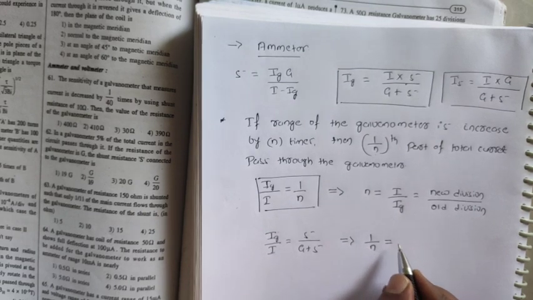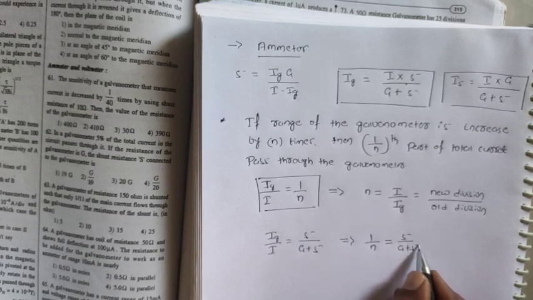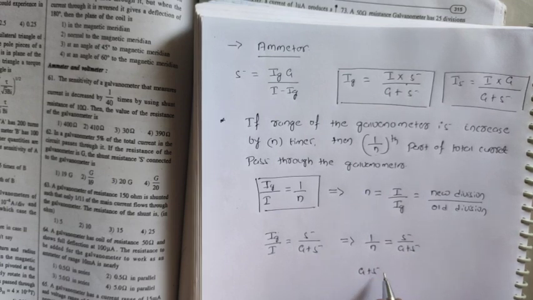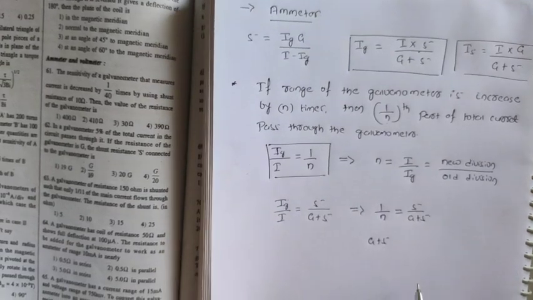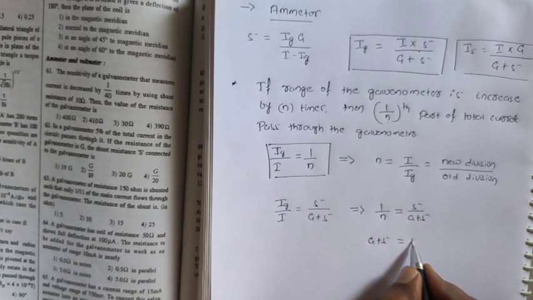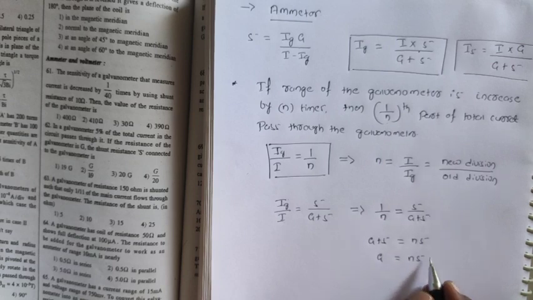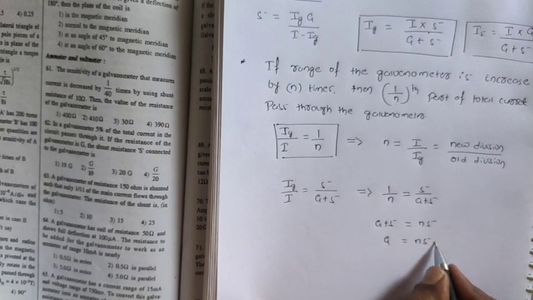So 1 by n is equal to S divided by G plus S. Now I want to find the value of S here. Cross multiply: G plus S is equal to n into S. Now G is equal to n into S minus S.